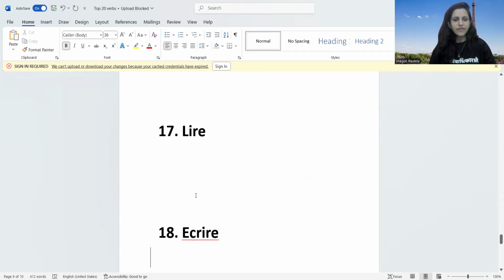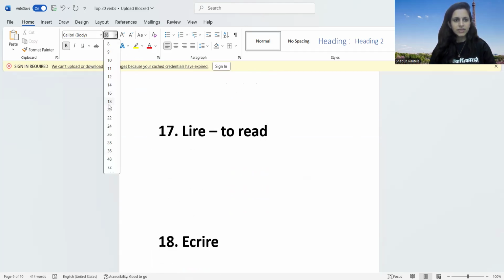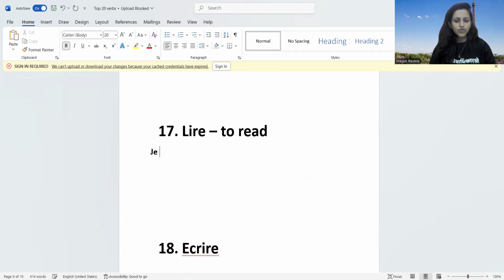Moving on to 17th. 17th is to read. Let's see. Je lis. Tu lis. Elle lit. Moving on to the right side. Nous lisons. Vous lisez.